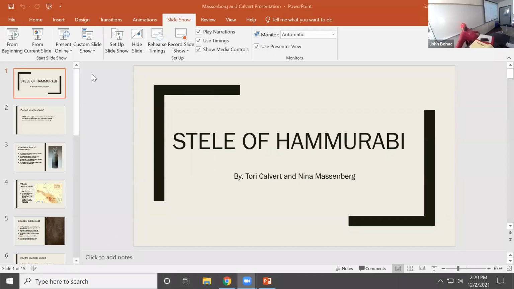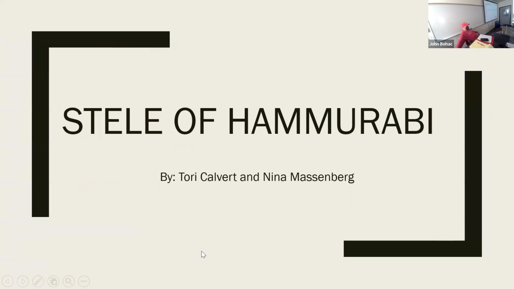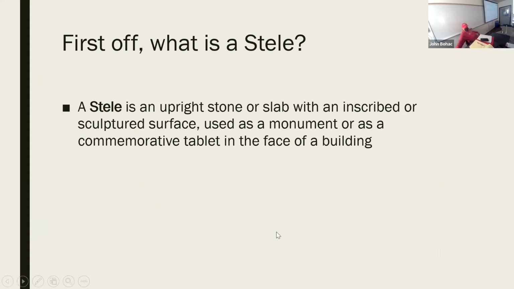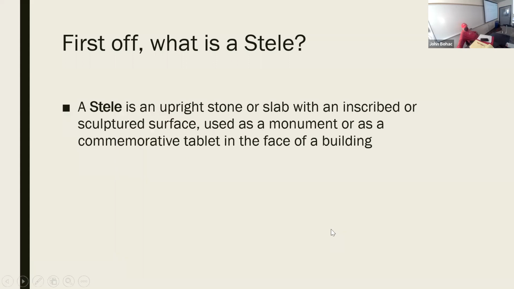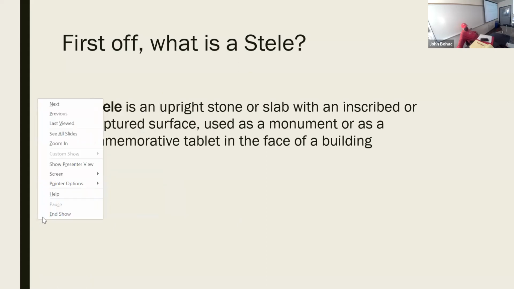That's good. Slideshow from the beginning, and there we are, I think. Or not. Oh no.